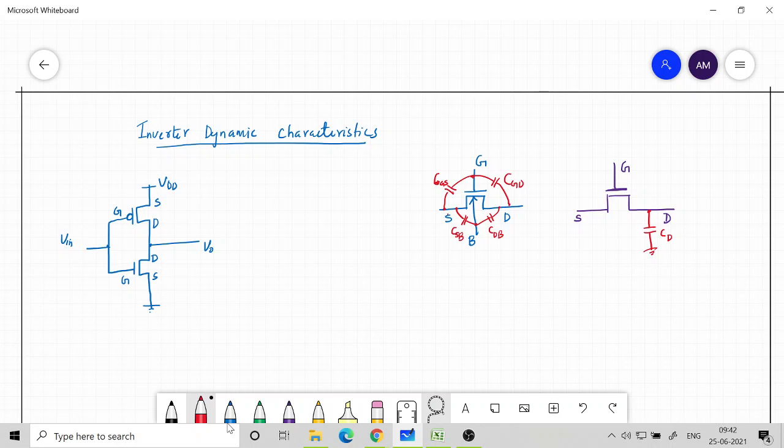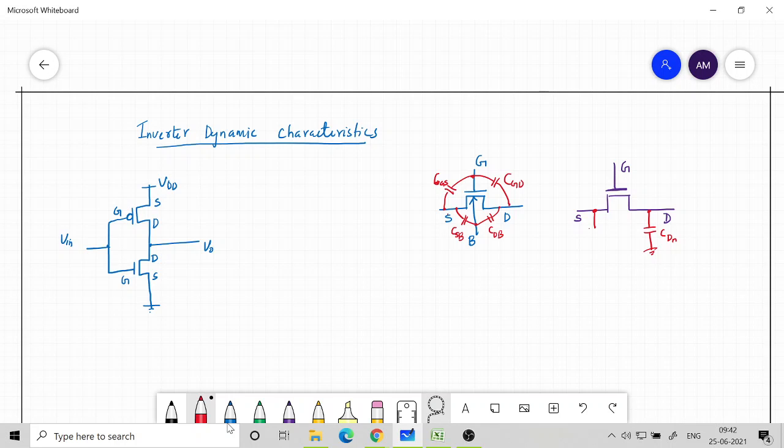We can call it CDN, because we are looking at NMOS. For PMOS we will call this capacitor CDP.